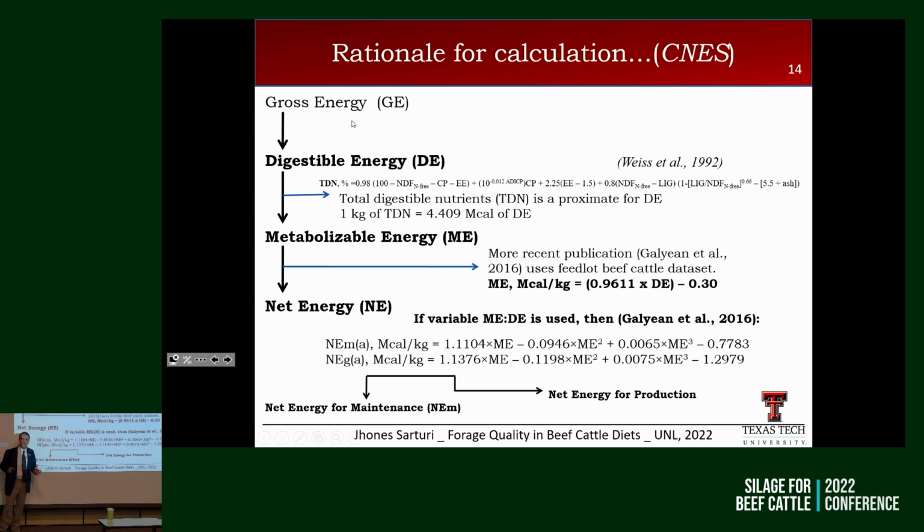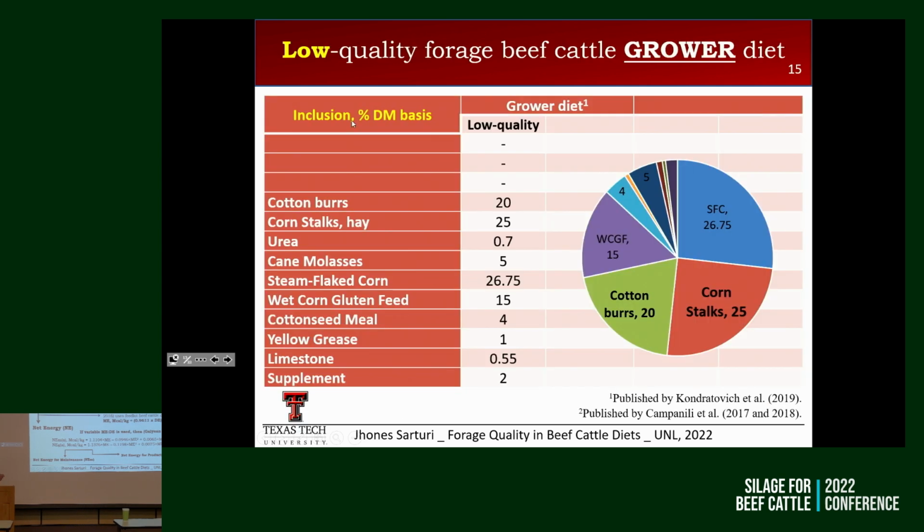So I'm not reinventing the wheel here. I'm just using the California Net Energy System to plug in the amount of energy that I have in these forages and estimate an improvement in energy content. And the improvement in energy content would be coming from the increase in digestibility of the fiber fraction only of these forage ingredients. Okay, so I didn't create any equation. I was just using the ones that we have published and available.